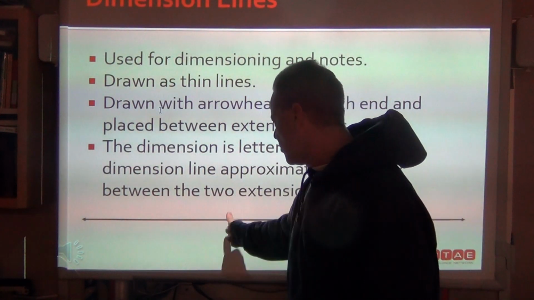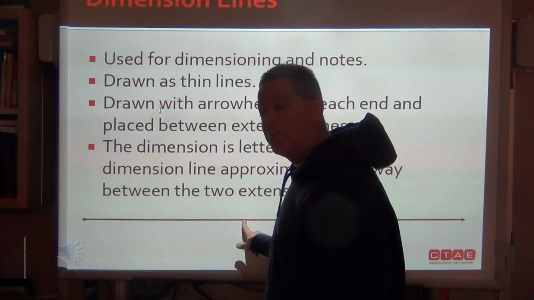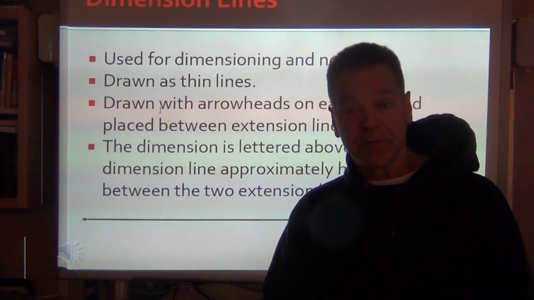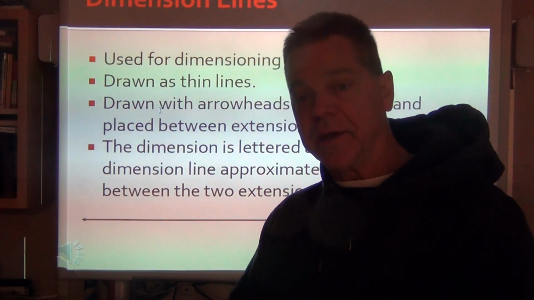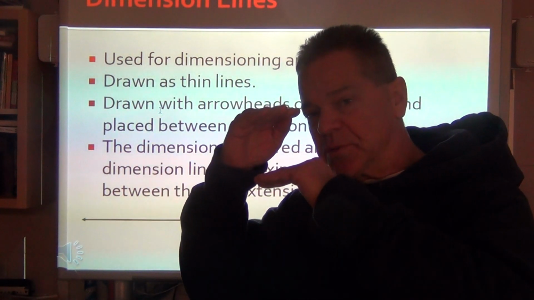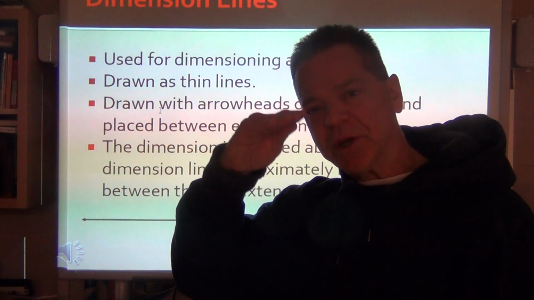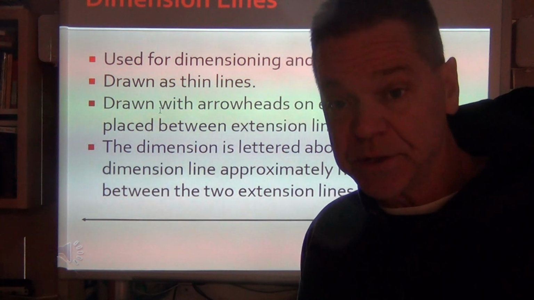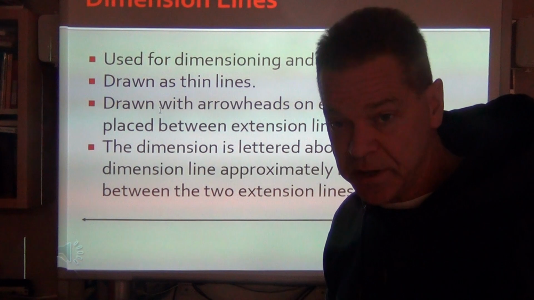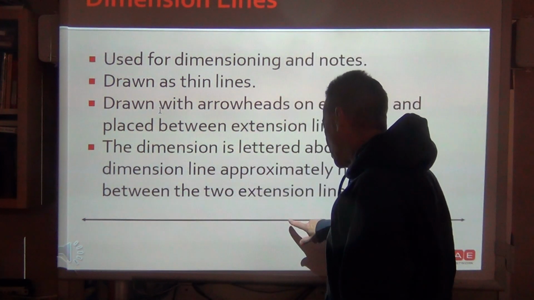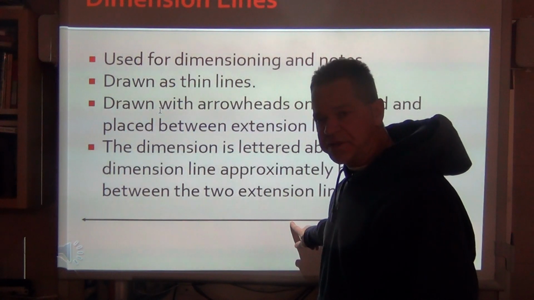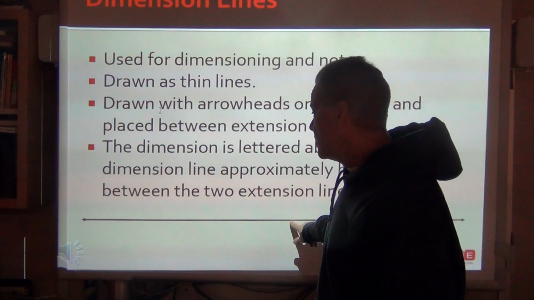We're going to actually have a break in our extension line and write the number inside of it, okay? And when you're trying to do a really good drawing on that, you may be making yourself some tiny construction lines to make sure your letters are just the right size, okay? Or your letters and numbers are just the right size. But the weight of this, again, is about the same as a center line, okay?